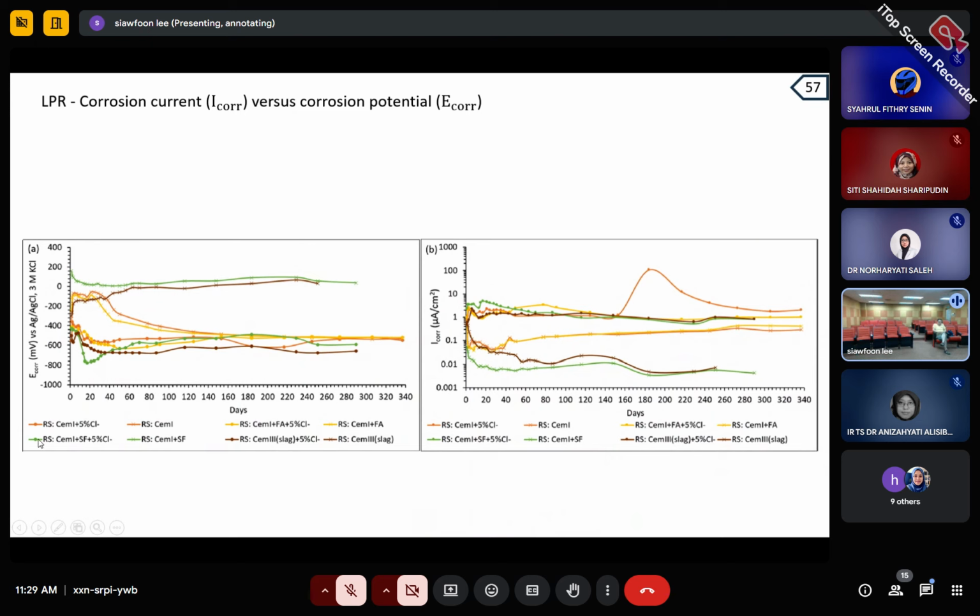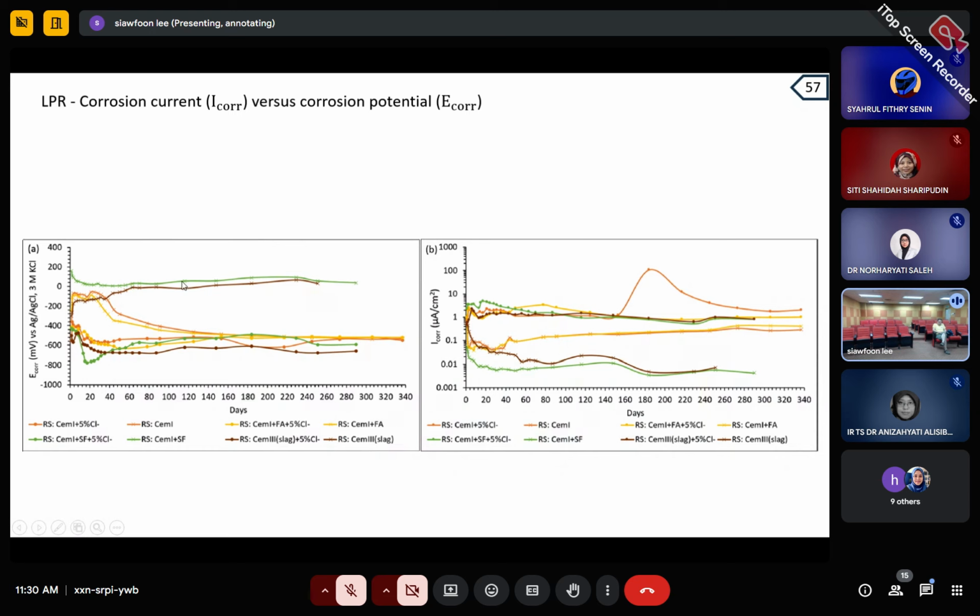And you can see the one with the chloride ion, the green one, which is formed like the dots here, has the more negative potential. And without the chloride ion, actually they have less negative potential, which means it's better.